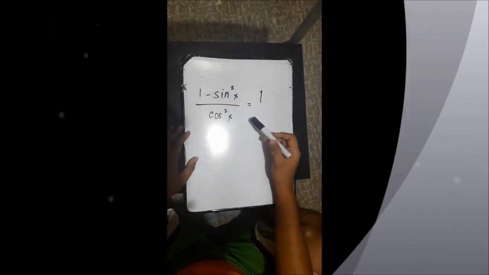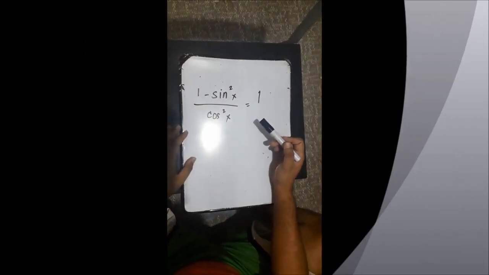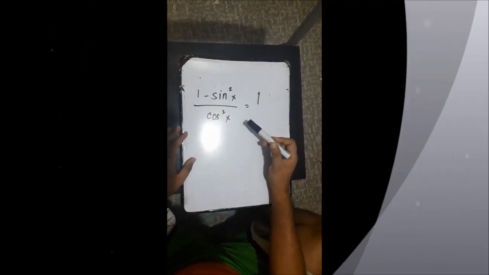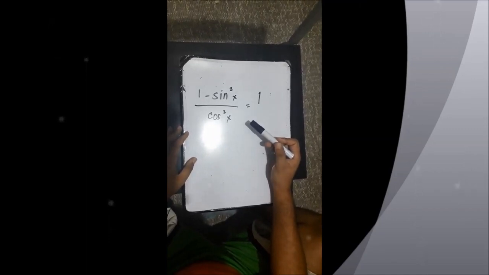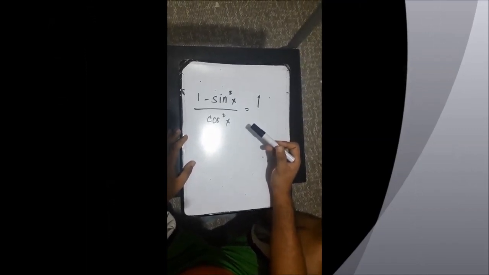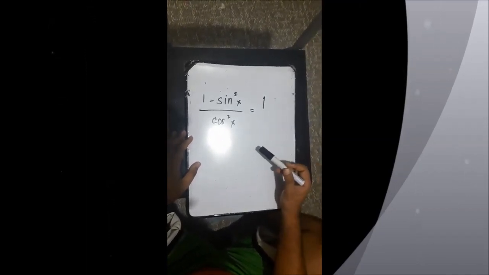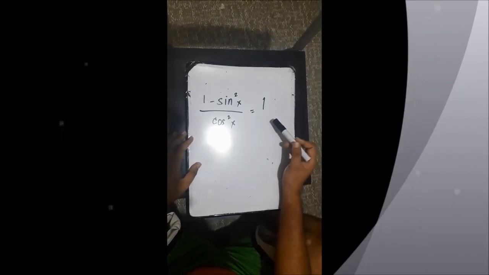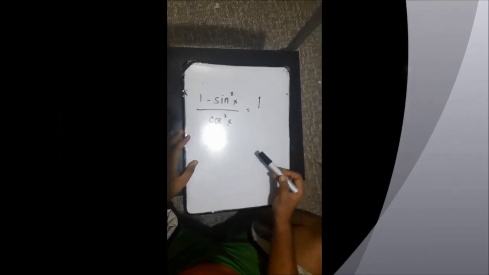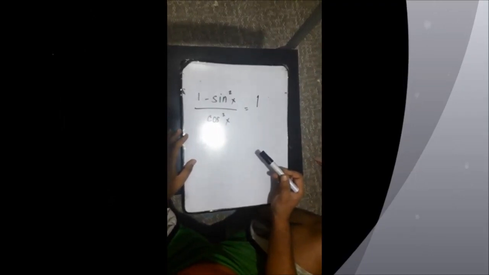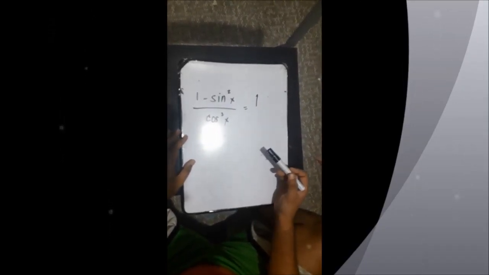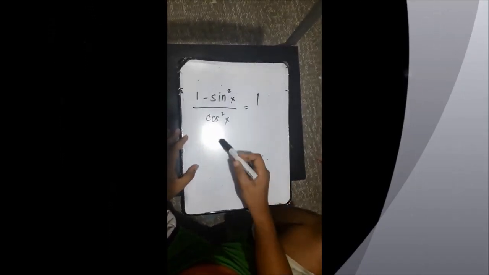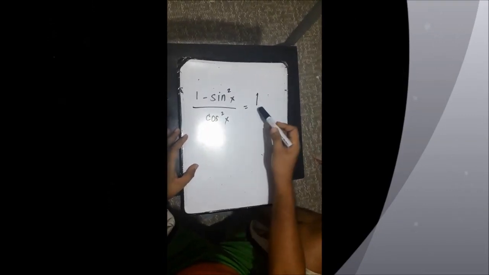If I have this example, a trigonometric equation with a fraction at the left side, say 1 minus sine squared x over cosine squared x, all equal to 1, and I need to solve for sine squared or even for sine x. So step 1 is to switch cosine squared and 1.